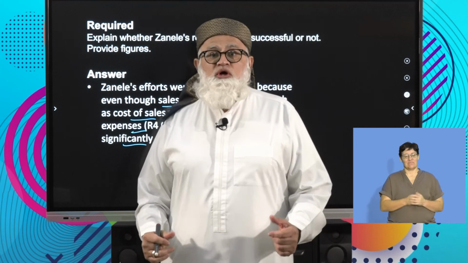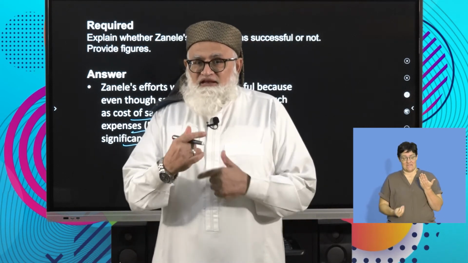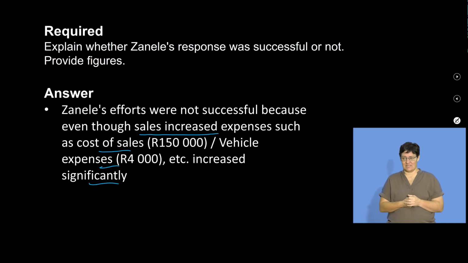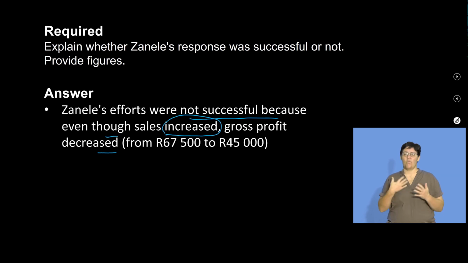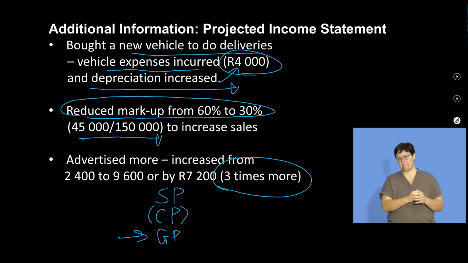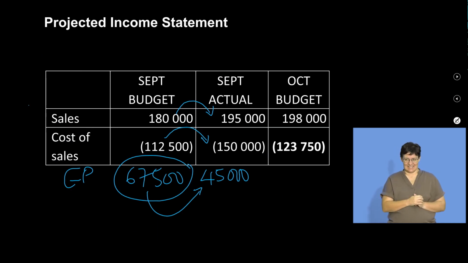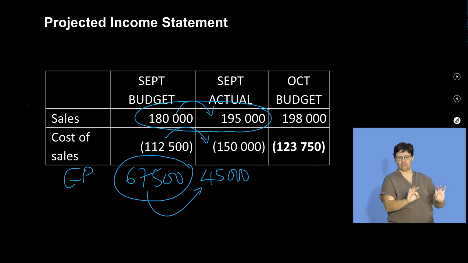Right. So, based on the information that we have, let's just illustrate this to make it clearly evident to you that yes, her action resulted in sales increasing. Definitely. The sales that you budgeted for was 180,000, but the actual sales were 195,000.